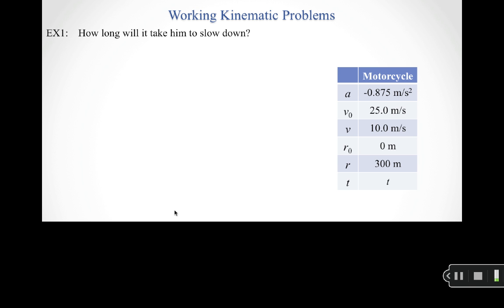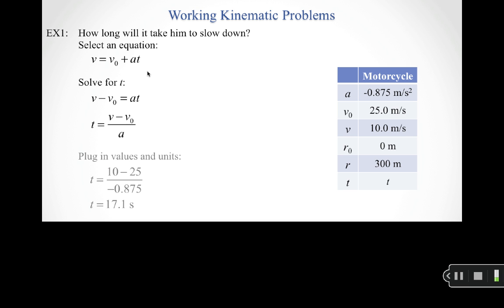All right. How long will it take him to slow down? Well, basically now I want to solve for t, but notice I know everything else. So in this case, it doesn't really matter which of my other two equations for time I use, because I have both position values and both velocity values. I'll happen to pick the velocity equation because it's just a much simpler equation.